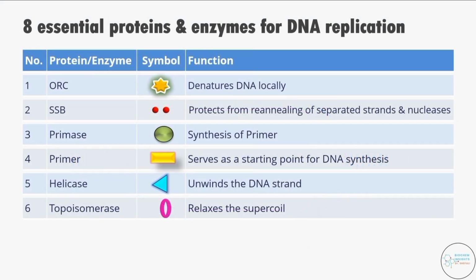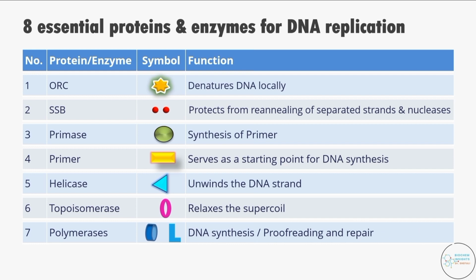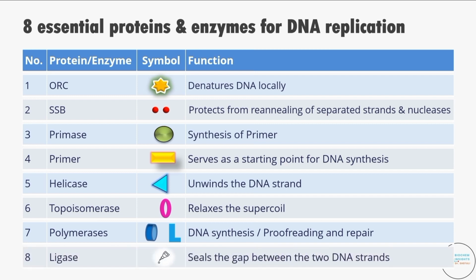So now let's add the last two enzymes, polymerases and ligase, to the list of proteins and enzymes. So enzymes DNA polymerase 3 and DNA polymerase 1 synthesize DNA and also proofread for error detection. And enzyme ligase seals the gaps between the two DNA strands on the lagging strand.